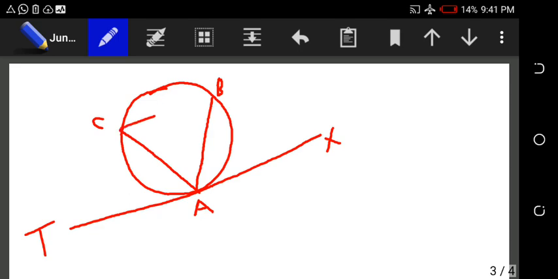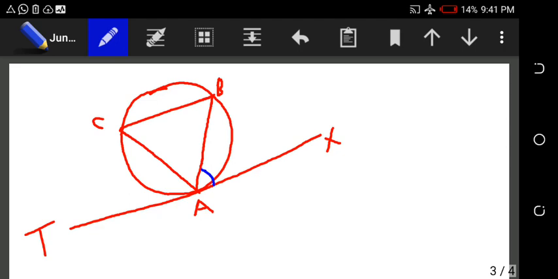So chord AB is making an angle at point C. The angle between chord AB and tangent TAX is equal to the angle made by the chord in the alternate segment.